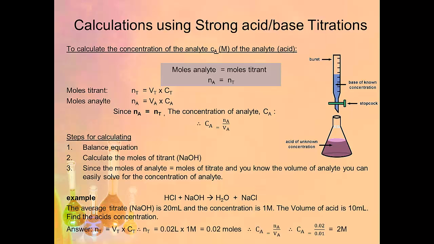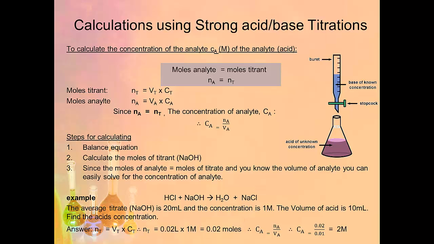Okay, and in this example, we had 0.02 litres or 20 millilitres, right? And the concentration was 1 molar. So this is referring to the sodium hydroxide. So that means we've put 0.02 moles of sodium hydroxide into the acid.